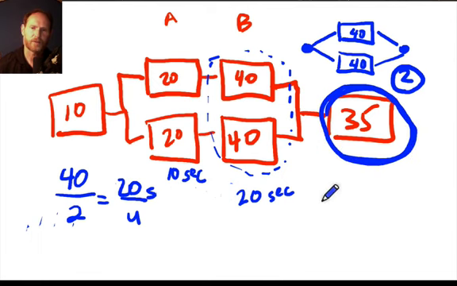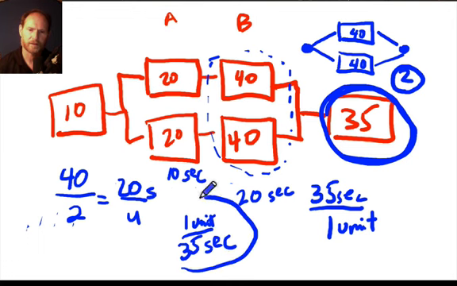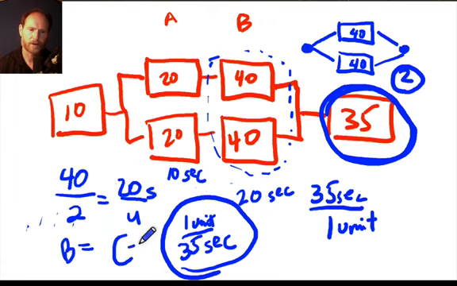And so 1 unit goes through, or the process time, 30 seconds, 5 seconds to process 1 unit, or written as capacity, 1 unit comes out of the system every 35 seconds. And that is our bottleneck, and therefore our capacity.